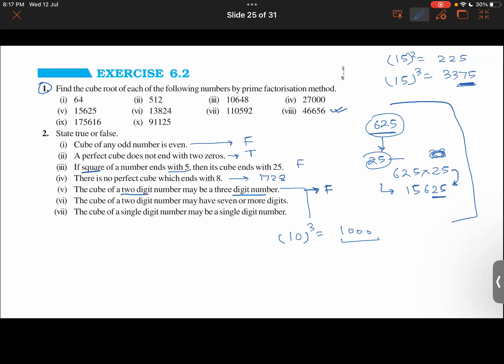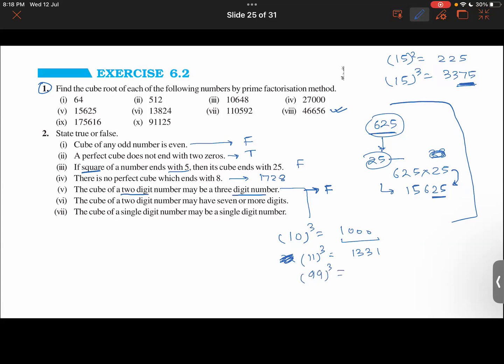What does it say? The cube of a 2-digit number may have 7 or more digits. Okay, so let's take a smaller number, 11. So 11 cube is equal to 1331. Okay, let's take a bigger number. Let's take 99.